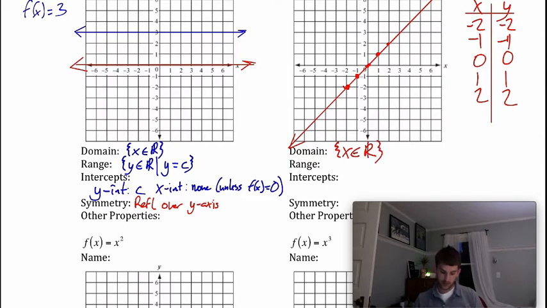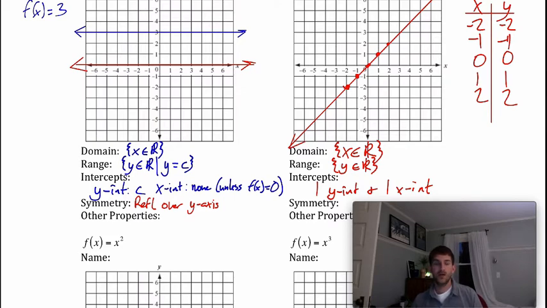Same for the range. The y values go up forever and down forever and everything in between. For the intercepts, for any linear function, you're going to have one y-intercept and one x-intercept. In this parent linear function, they're both at 0, 0.